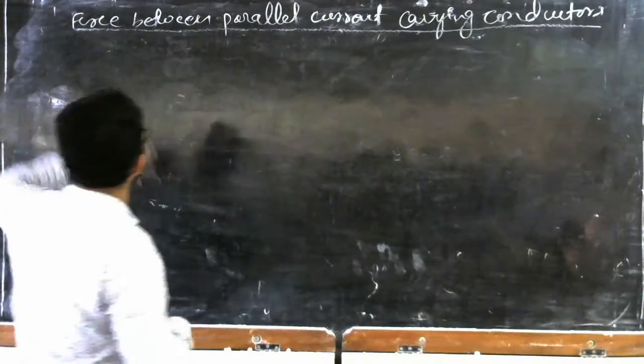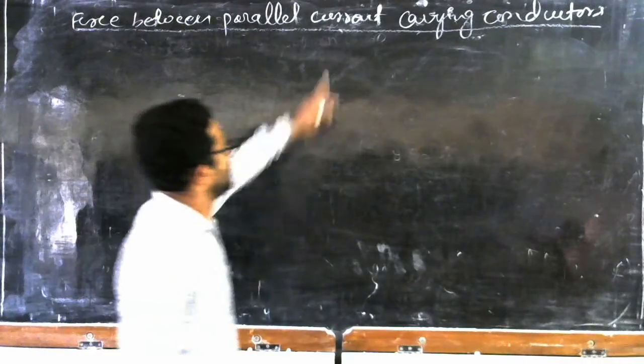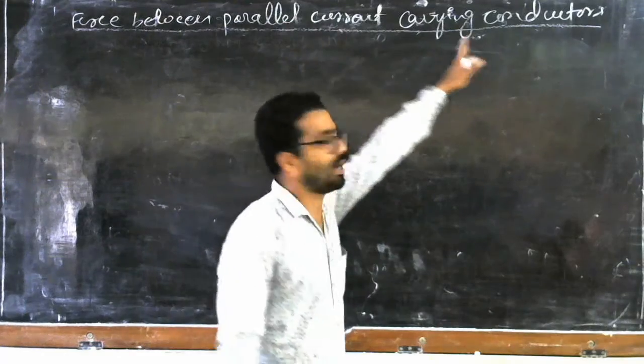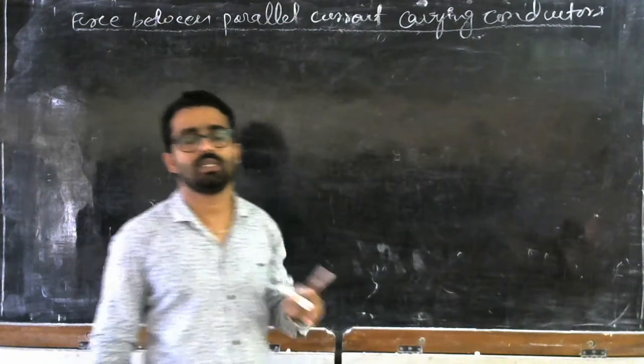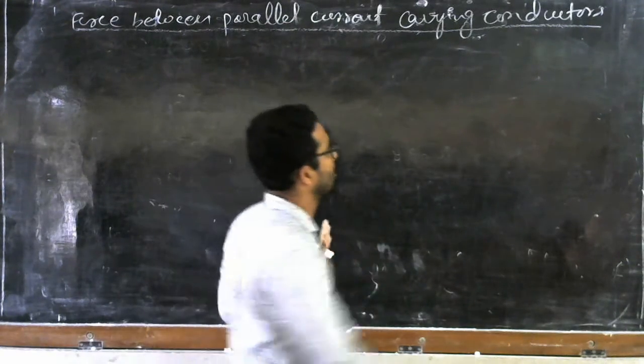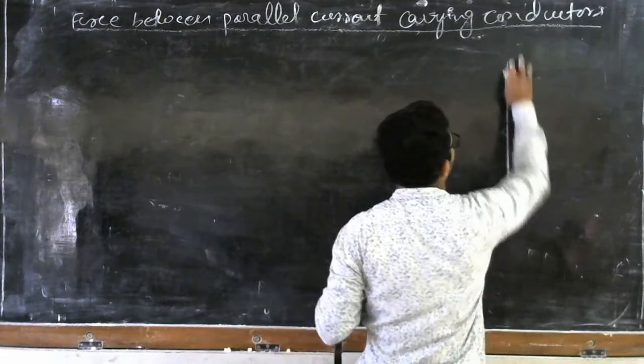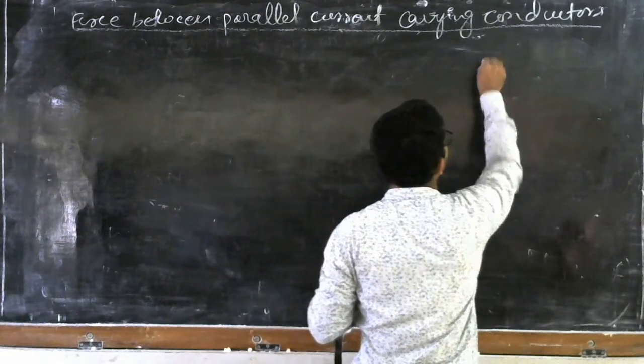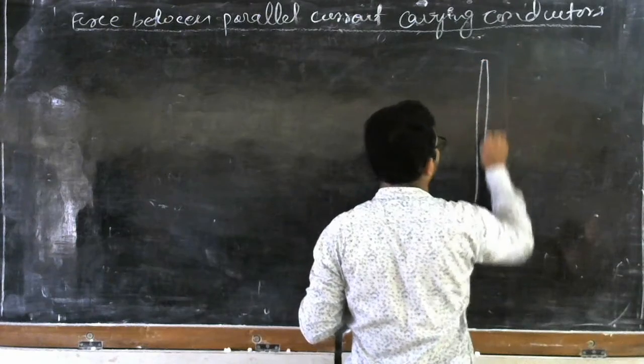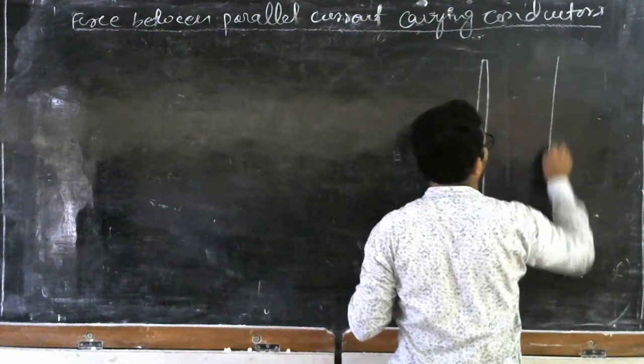To explain this, we need two parallel current carrying conductors. They should be straight and parallel. Let me take two conductors. This is one conductor, and let me take another conductor.